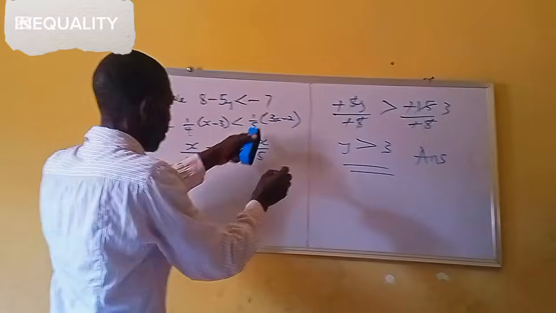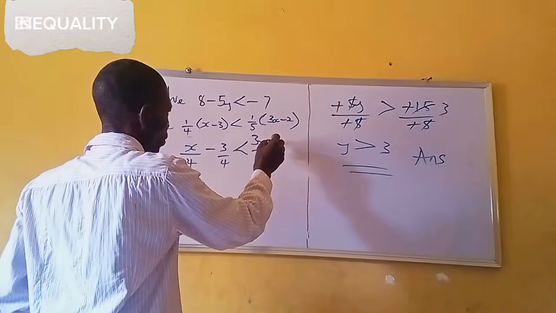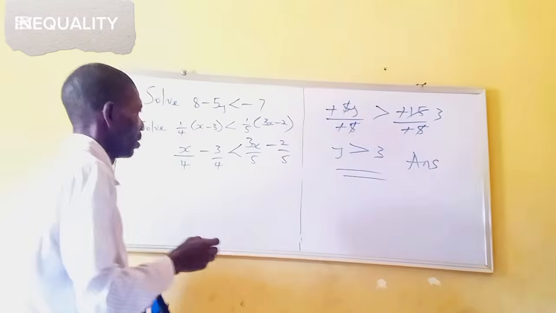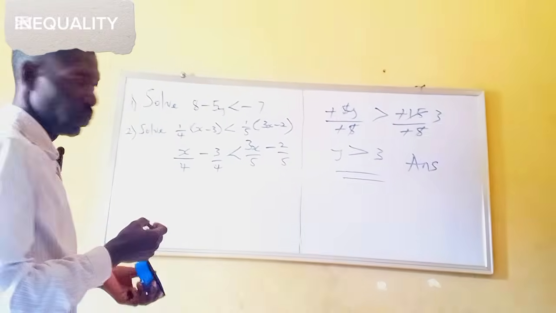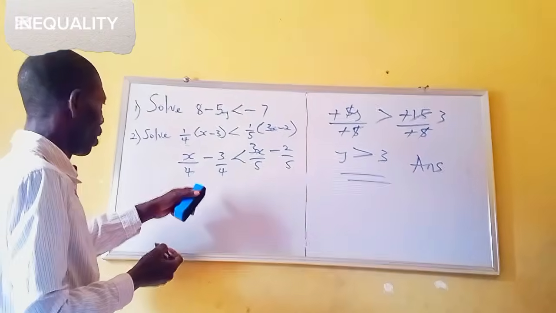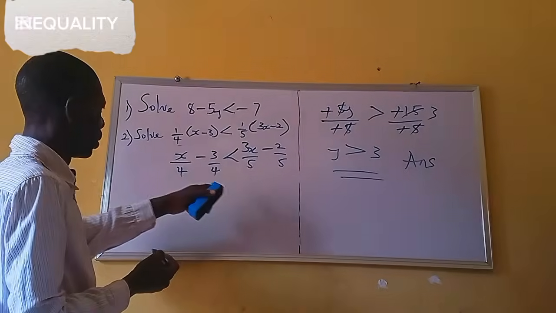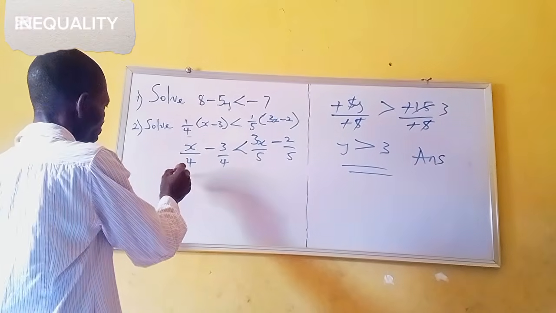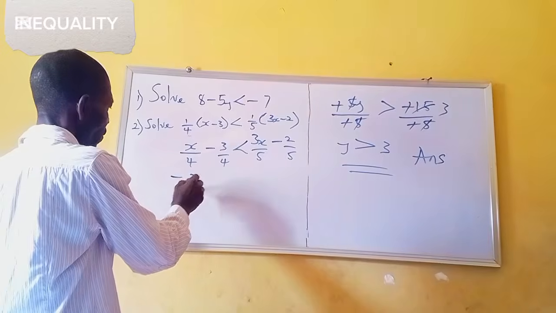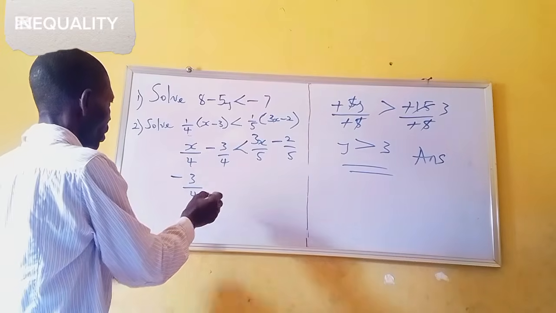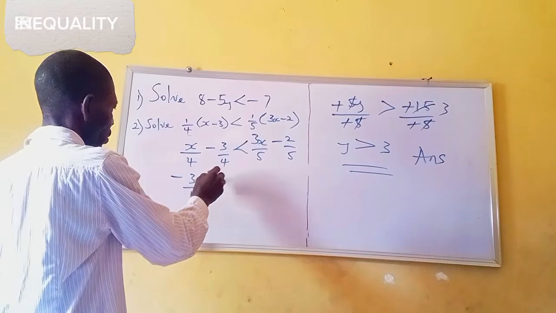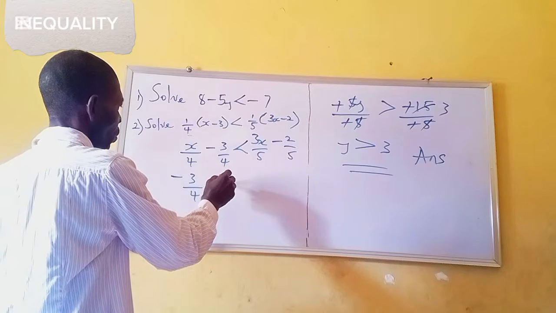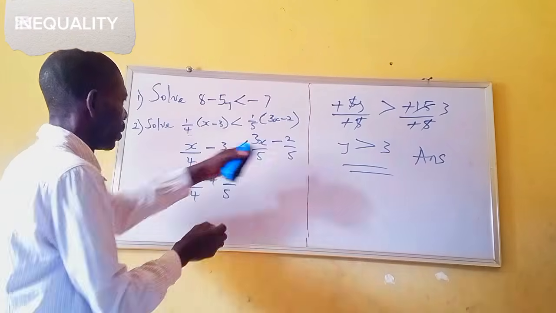Then 1 over 5 times minus 2 will give us minus 2 over 5. Okay, minus 2 over 5. Hope you are following. So now we are going to collect the like terms. We have minus 3 over 4 plus 2 over 5.